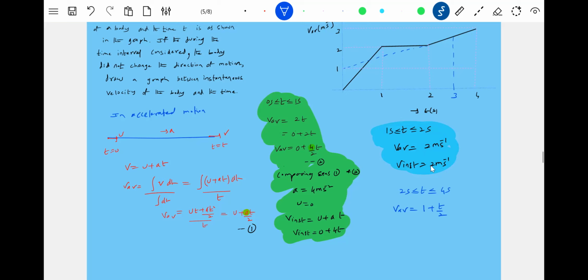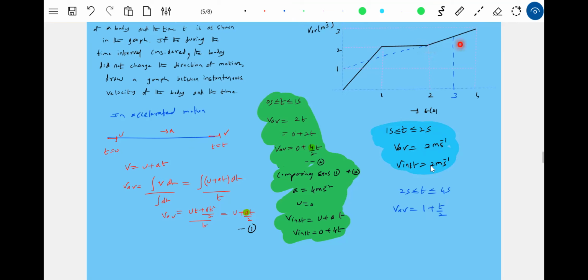But it is defined only for 2 to 4 seconds. Put T equal to 2, the velocity should be 2, average velocity. Put T equal to 4, it should be 3. Okay, I think satisfying this. Don't go for this one. It has to be this one. So if you extend back, the intercept will be 1.